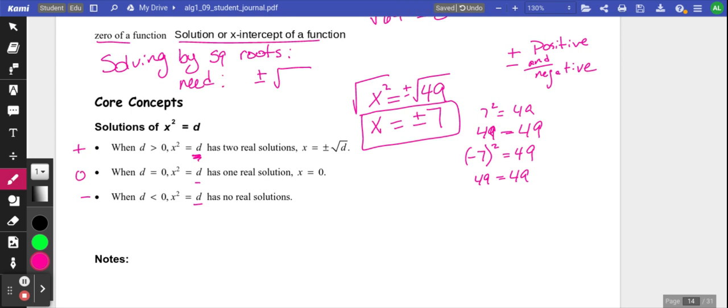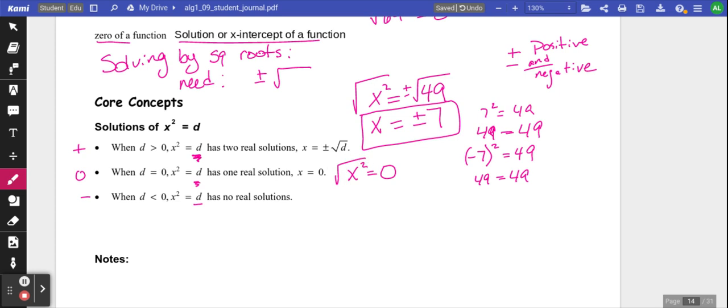We also have a possibility of 1 answer. That's going to happen in one very specific instance. When we have, let's say, x squared is equal to 0. So it's not a positive number, it's just 0. We solve it the same way.